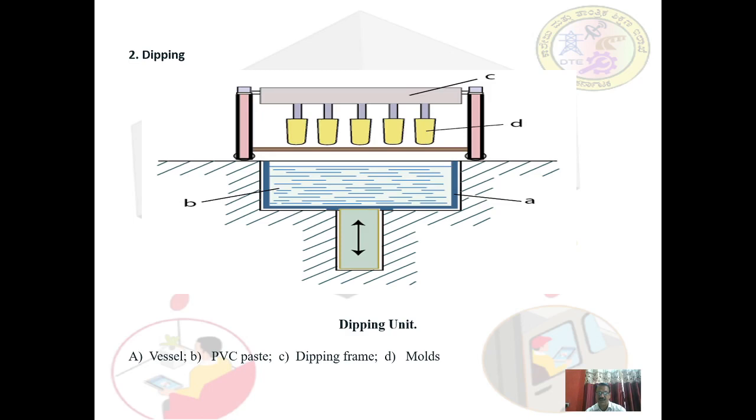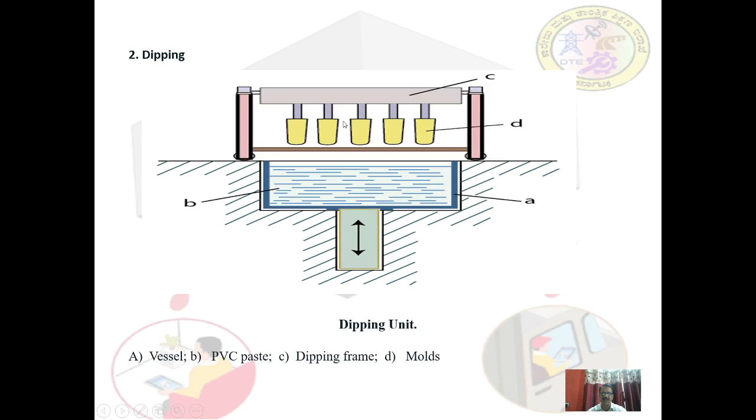Cables and wires are extensively coated using this process. This is the equipment used for dip molding. This is the dipping frame to which the molds are attached, and this is the PVC solution paste in a vessel.